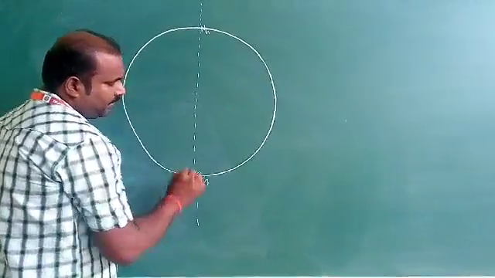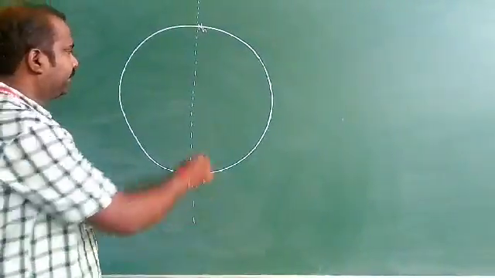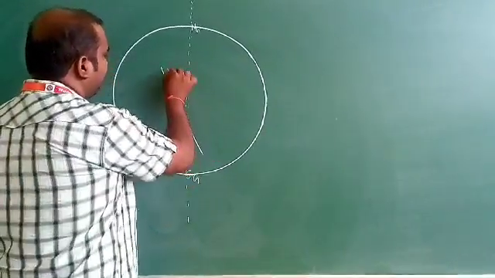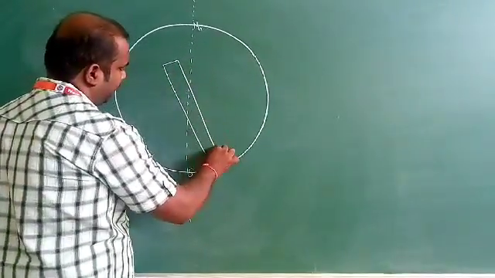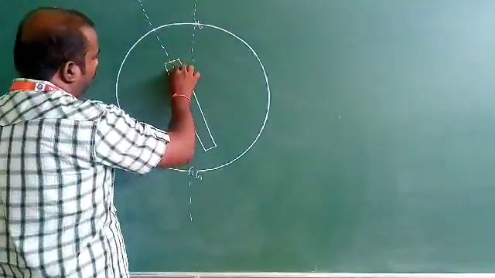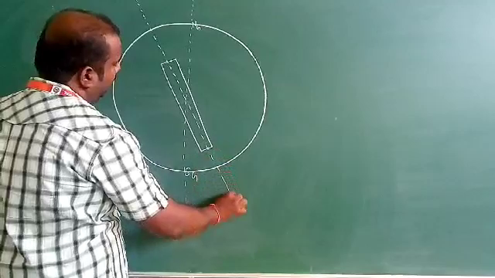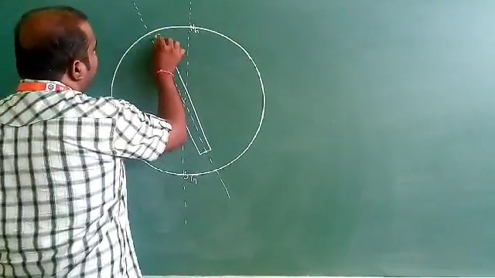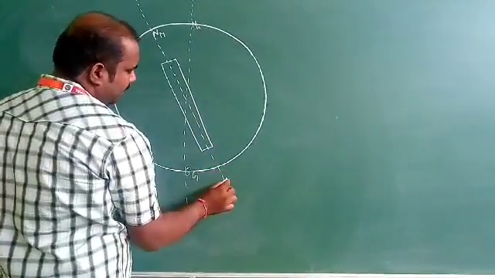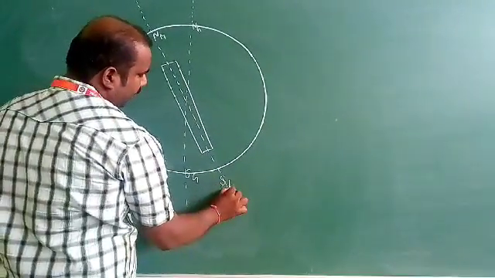This is geographic south. Now here one huge magnet is buried. Because of this huge magnet, this end becomes magnetic north and this end becomes magnetic south.